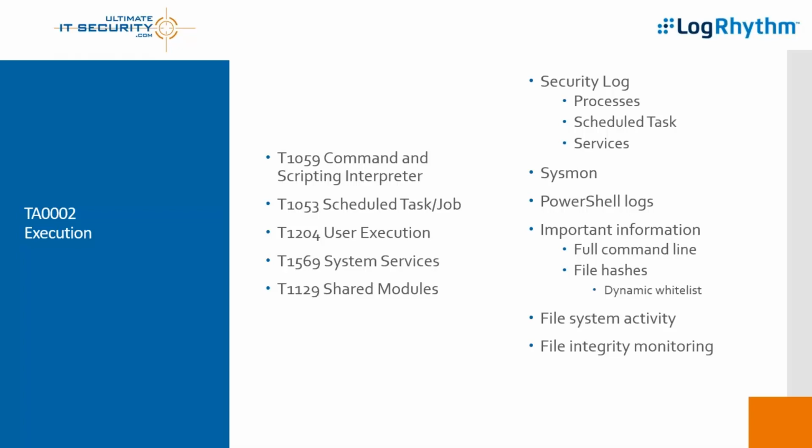Also, file integrity monitoring has a play here, has an opportunity to capture the noise made by some techniques associated with execution, because sometimes what the bad guys do is replace a known good exe with a corrupted version.